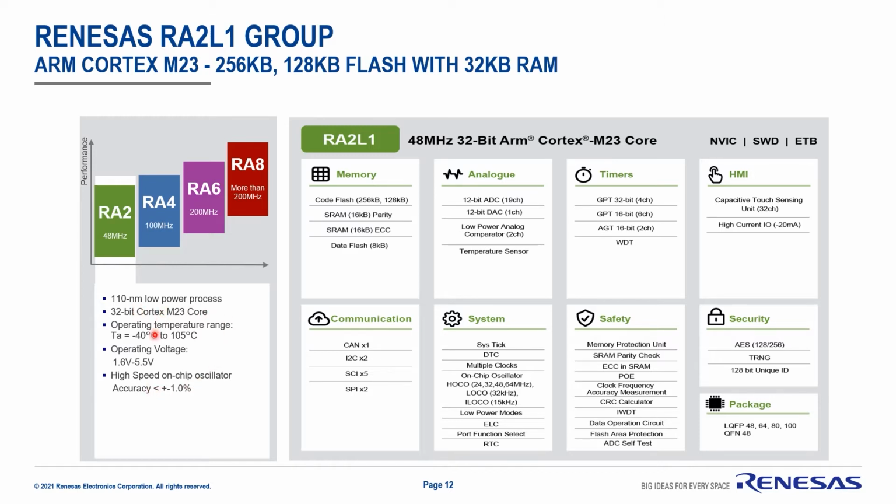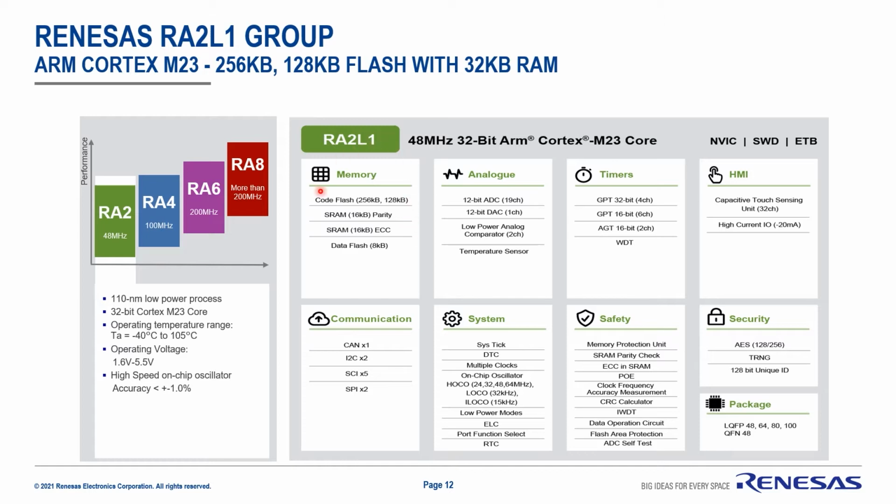Temperature range is -30 up to 105 degrees. We support a large operating voltage from 1.6 to 5.5 volts. We embed a high-speed oscillator to reduce the cost of external components.